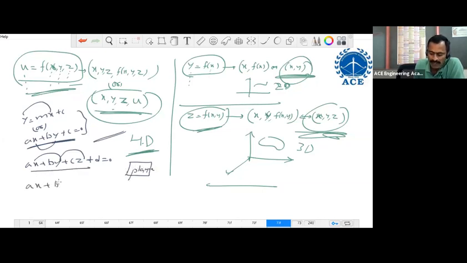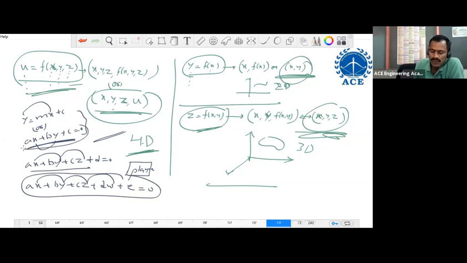Similarly, ax plus by plus cz plus dw plus e equal to 0. It is a linear equation in how many variables? 4 variables only. What does it represent geometrically? Linear in 2 variables is a straight line. Linear in 3 variables is a plane. Linear in 4 variables is not known.